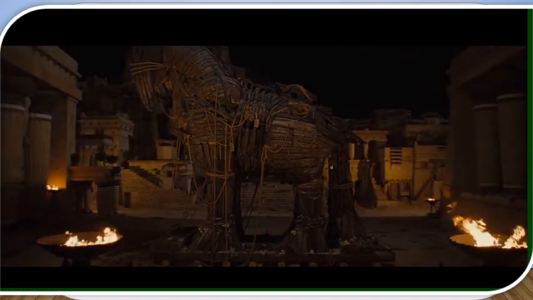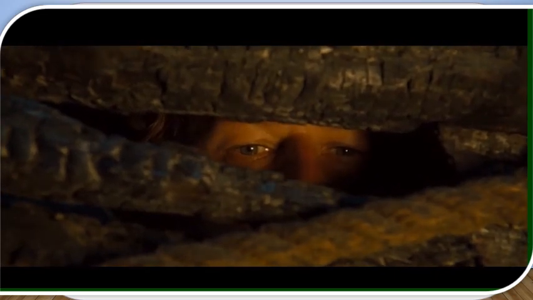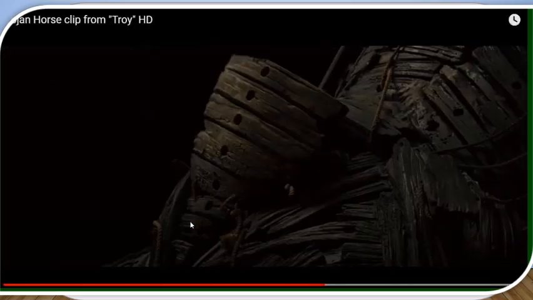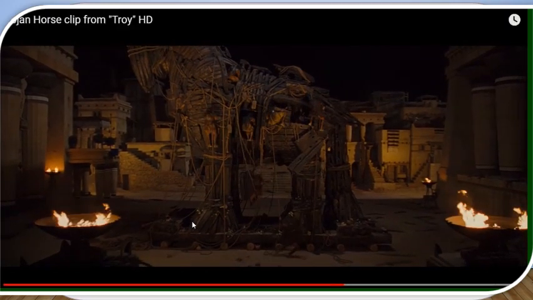And during night, what happened? Let us see. There were Greek soldiers hiding in the large wooden horse. And they all came out.